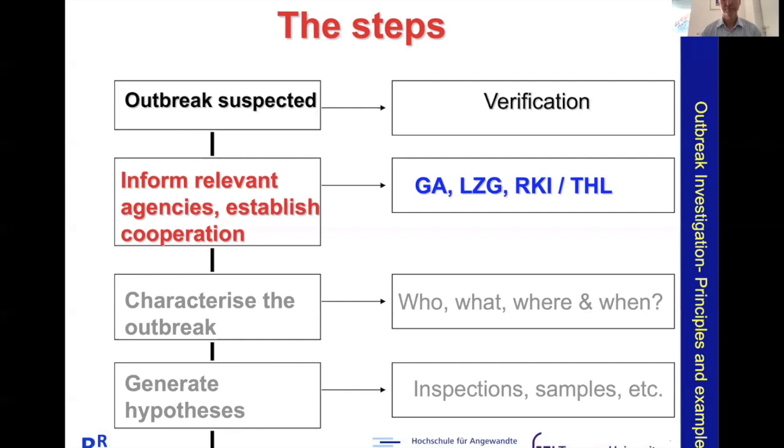If it is an outbreak that involves animals, I would like to have a veterinarian as well. Excellent. And then some other colleagues, environmental officers may also be important to be on the team. And I mentioned a laboratory scientist as well.